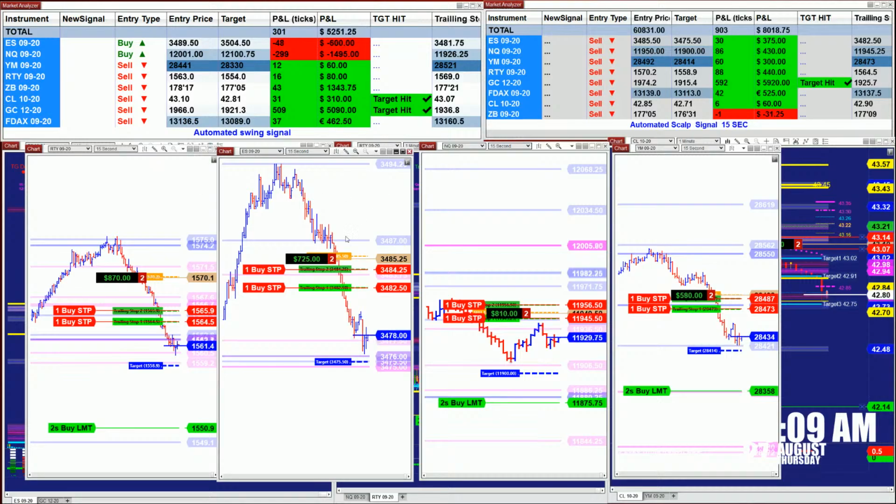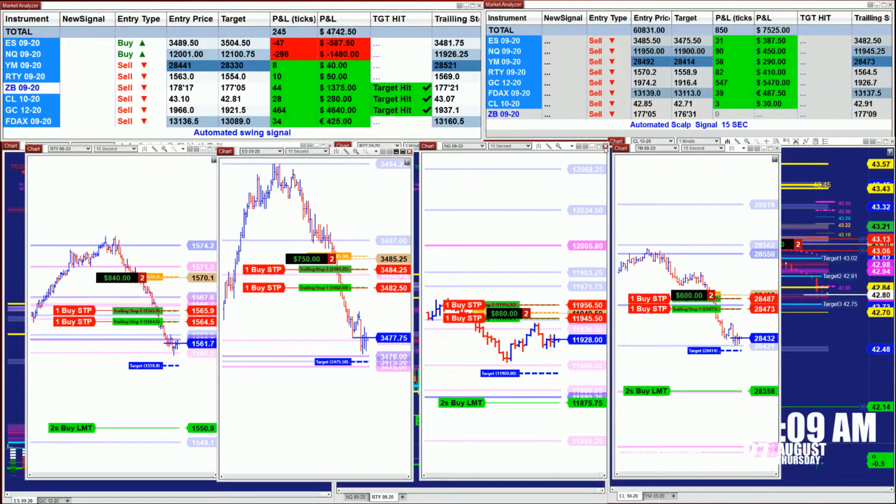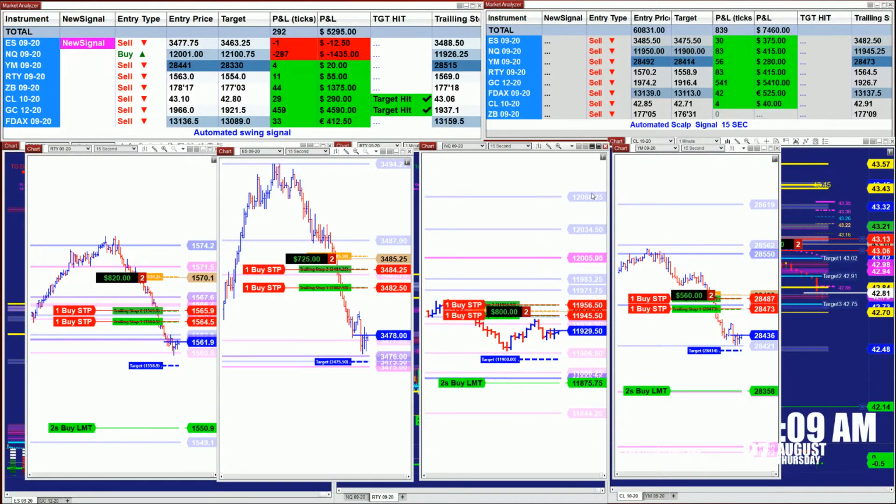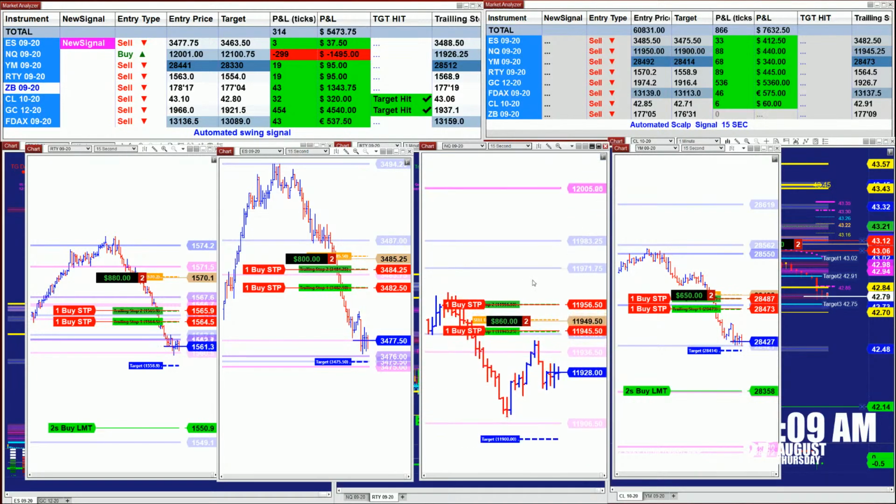And if we look at the ES, this is two contracts I'm using on the auto trade. So 33 ticks is 425, two contracts is 775. If we look at the Nasdaq now, the Nasdaq is 435 based on one contract, and now we are on two contracts, so double the amount.